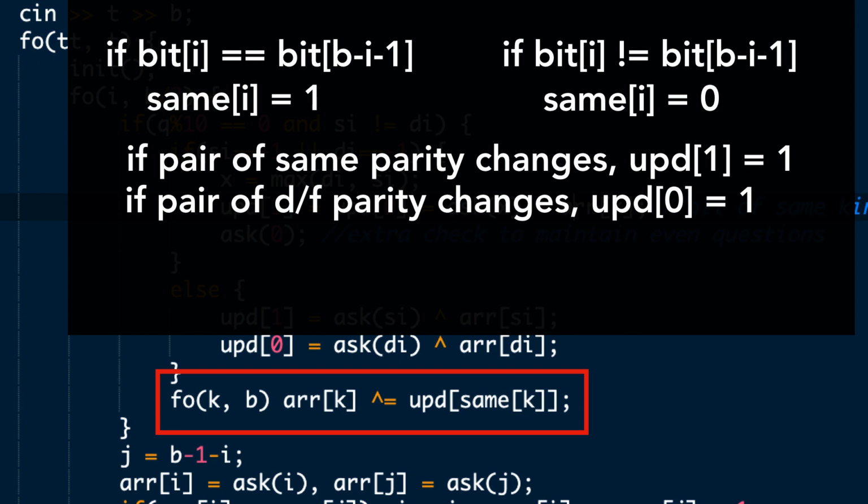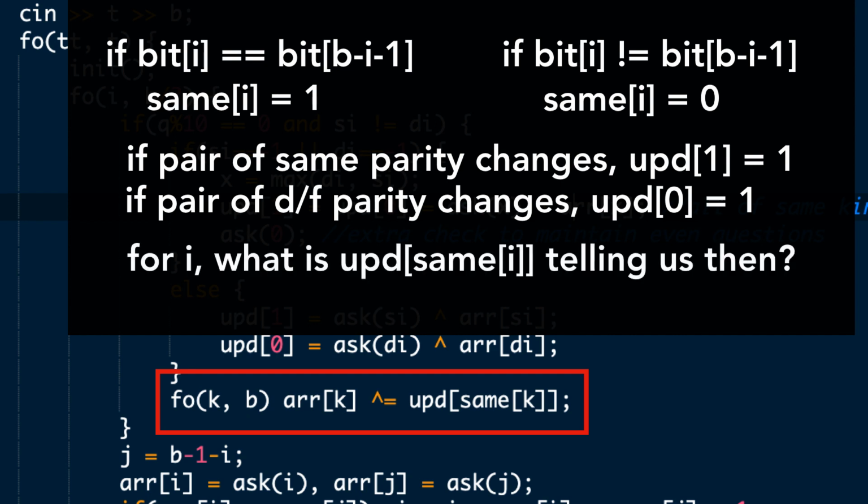UPD is nothing but an array of 2 elements, and UPD 1 is 1 only when a pair of same parity is changing, and UPD 0 is 1 only if a pair of different parity has changed. So now tell me, for a given i, what is UPD of sameI telling me? It's telling me whether the bit present at the ith position needs to be changed or not. It needs a toggling or not.